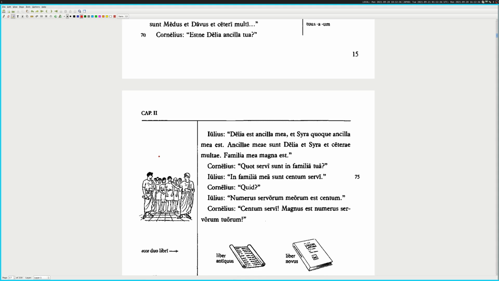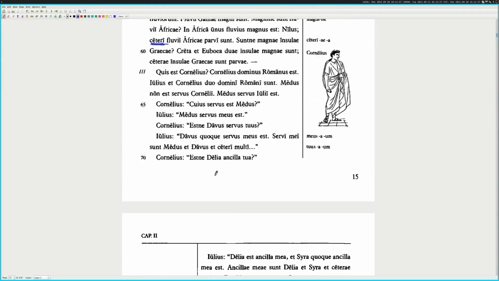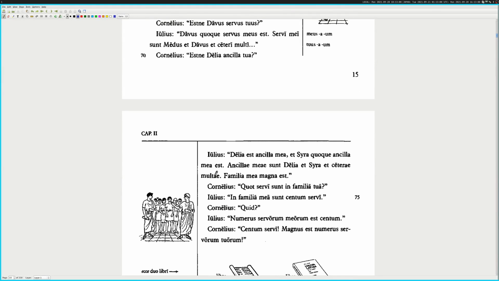Okay. Quid. What does quid mean? I'm thinking that has to do with the British meaning, which is for money. Something to do with money, or how much. Julius, the number of slaves of mine is 100.